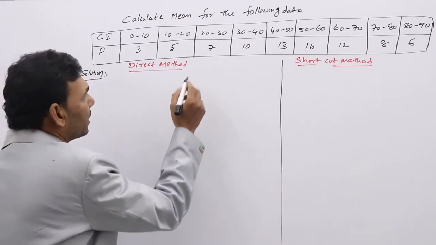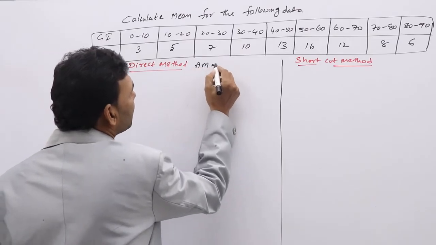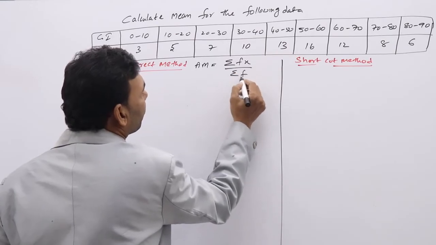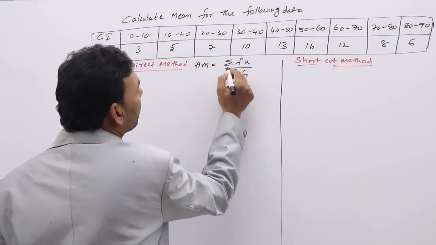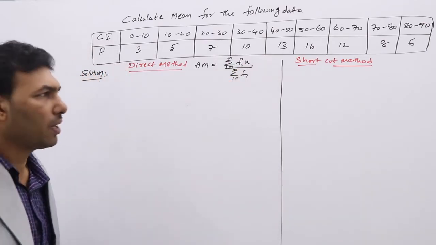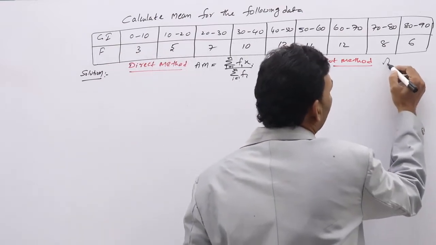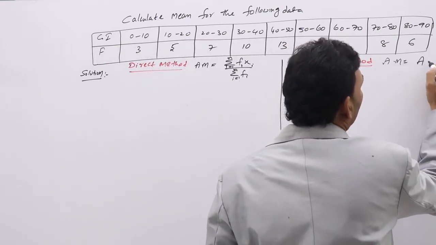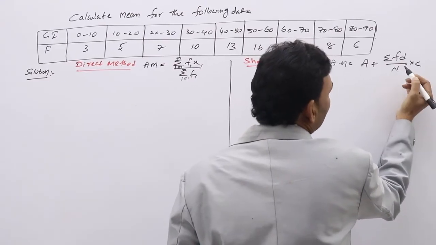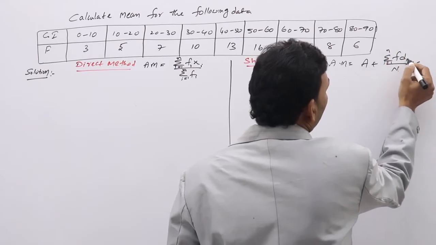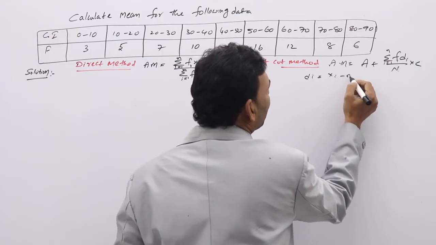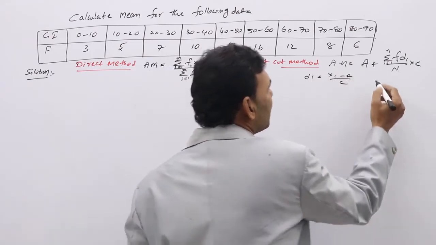In the direct method, the formula to find the arithmetic mean is sigma fx by sigma f, i equal to 1 to n. This is the formula we know very well. In the shortcut method, the formula to find the arithmetic mean is a plus sigma fd by n into c. N is the sum of frequencies, d is (xi minus a) by c, a is the assumed mean, c is the class interval.